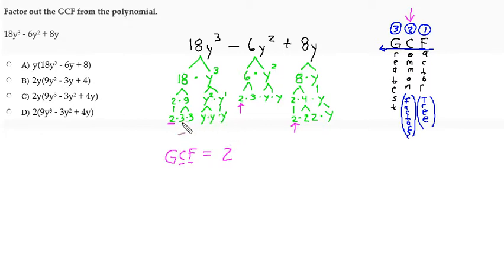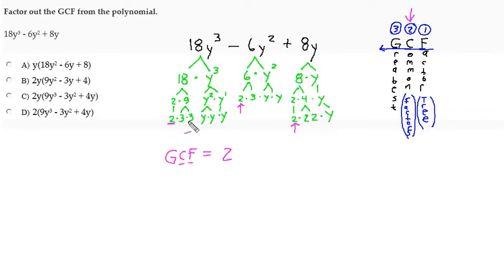We move on to 3, but I only see 3 in this first factor tree and the second factor tree, but I don't find a 3 in the third factor tree. That is not a common factor. 3 is not a common factor across all 3 terms, so we do not write it in as a common factor for the GCF.